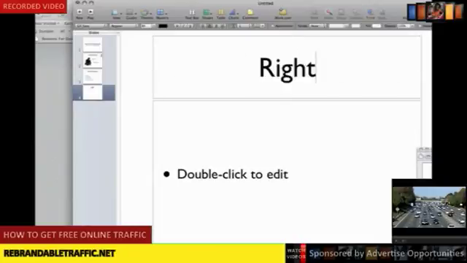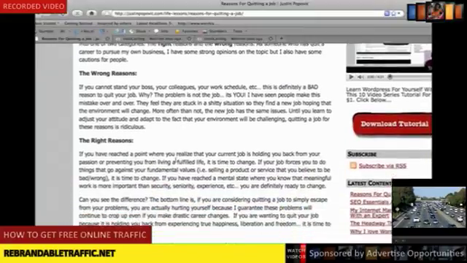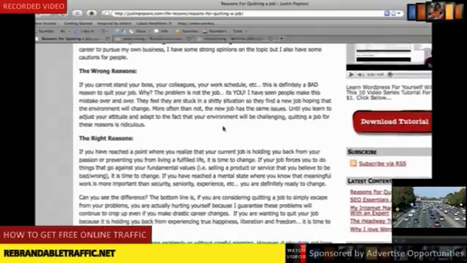So right reasons. What do I say in the article? If the job is holding you back from your passion or not living a fulfilled life, or if it makes you go against your values.